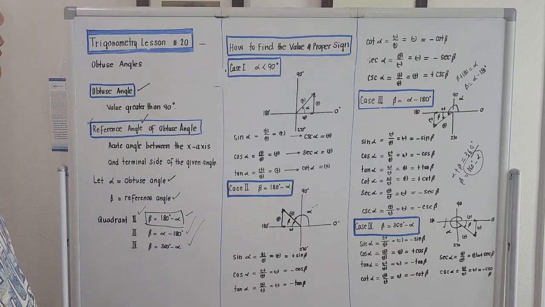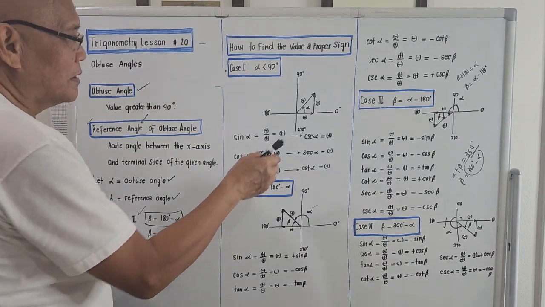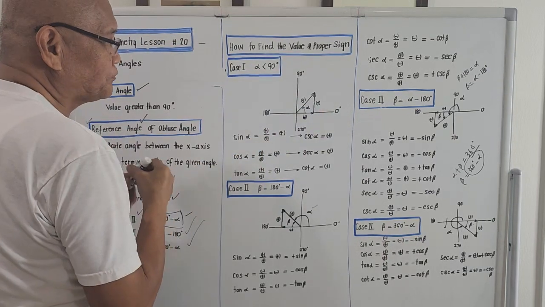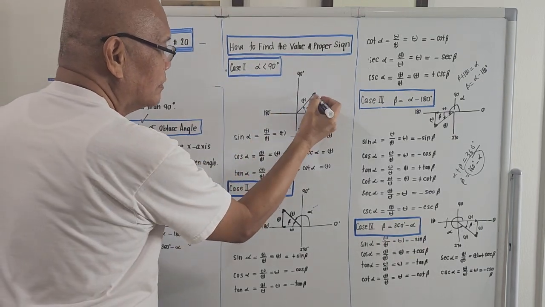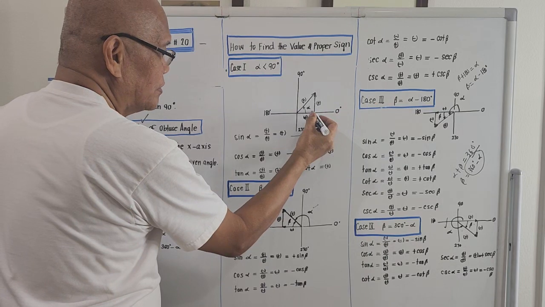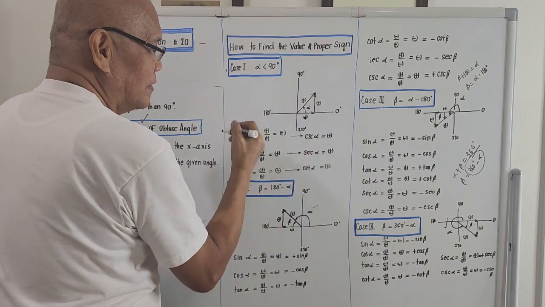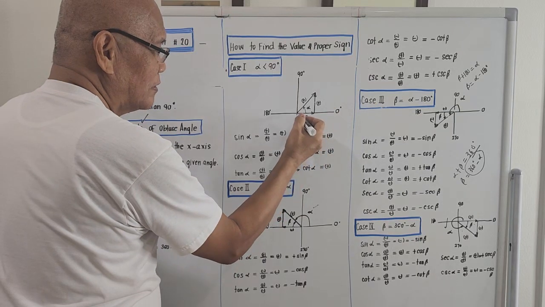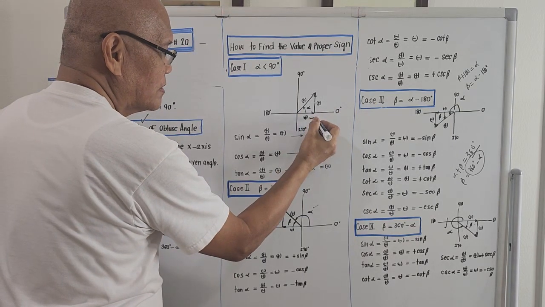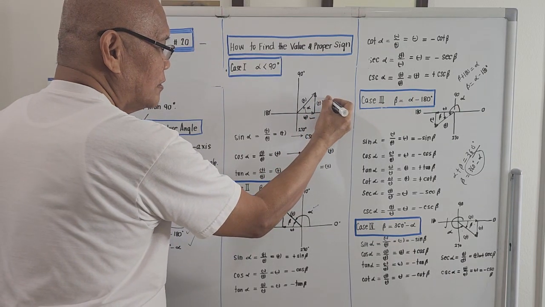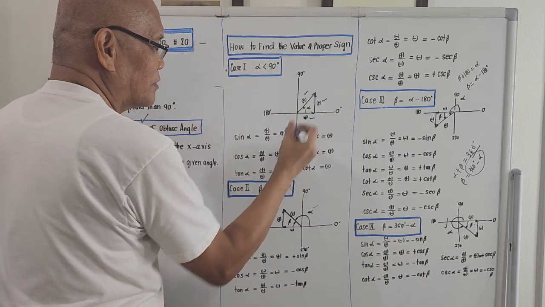If an angle falls under quadrant number 1, this is the angle. This is the horizontal side, this is the vertical side. On the first quadrant, this measurement is plus. First quadrant, the upward measurement is still a plus. Of course, the hypotenuse will be plus, right?